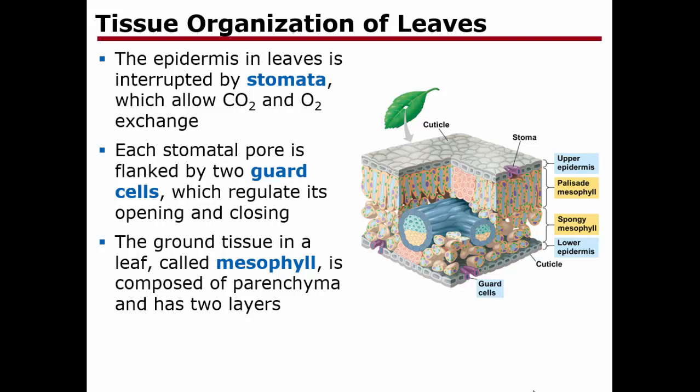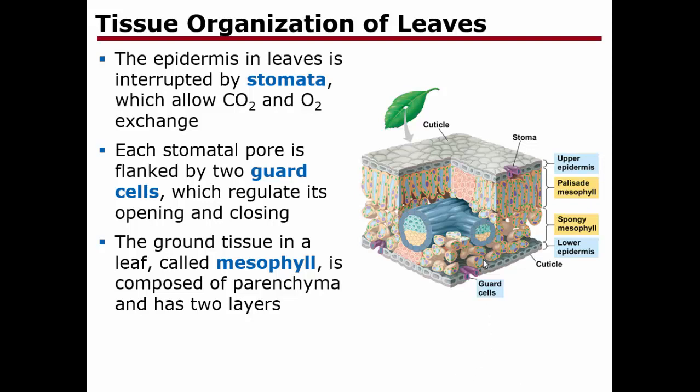In between the upper and lower epidermis, we see two separate layers of ground tissue known as the mesophyll. Both of these are composed of parenchyma cells. The spongy mesophyll layer is found at the bottom.